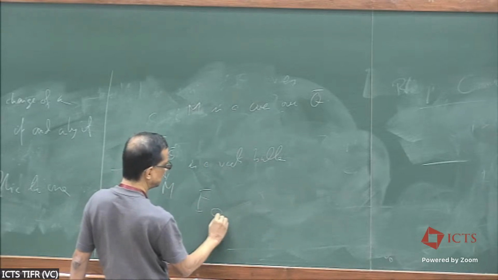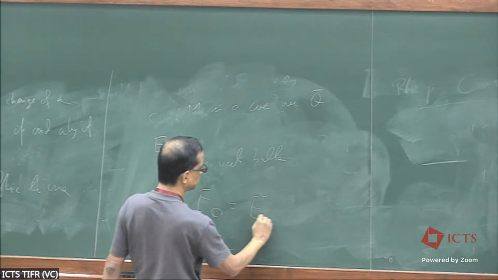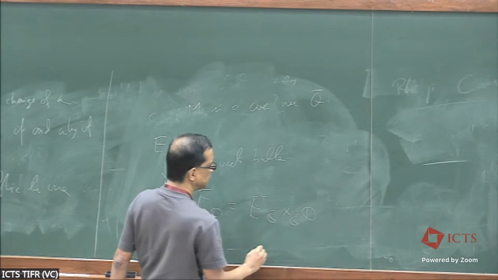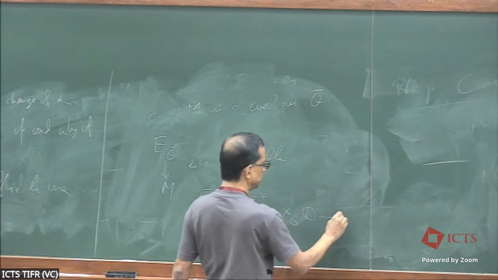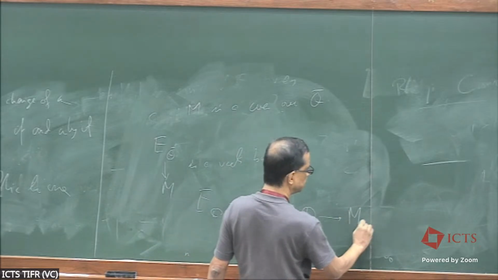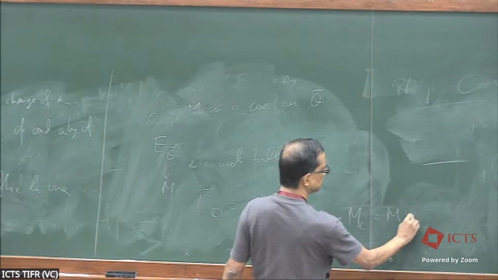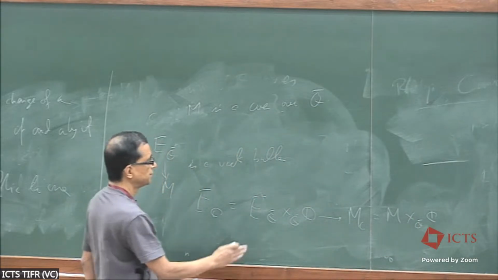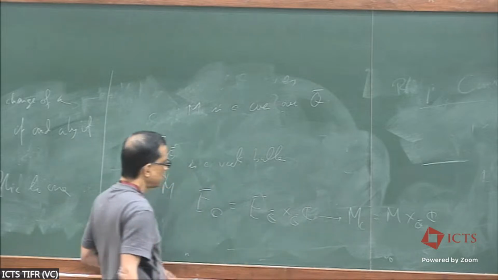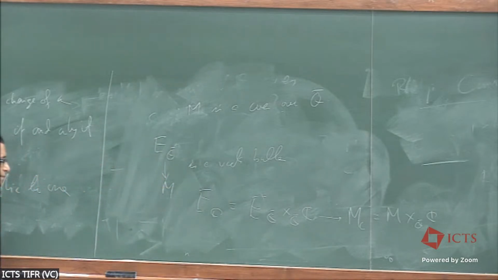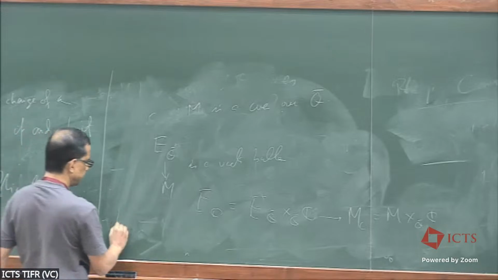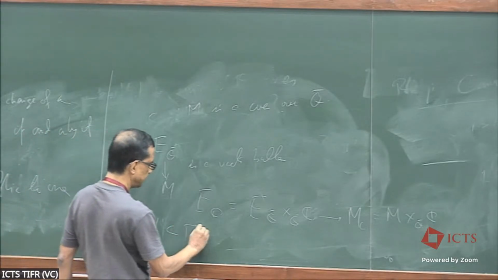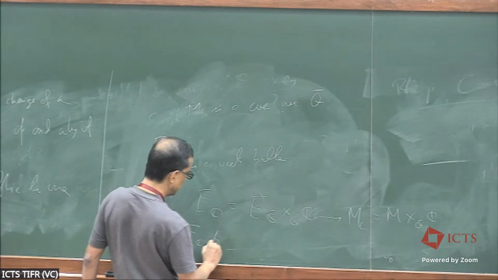E_C is a base change over M_C, so the base change of the curve to C. Let V be a direct summand.